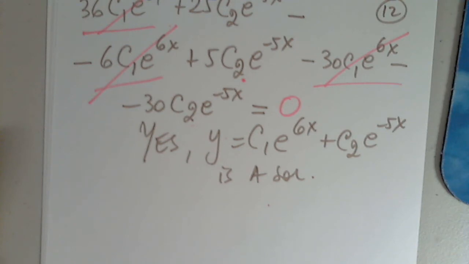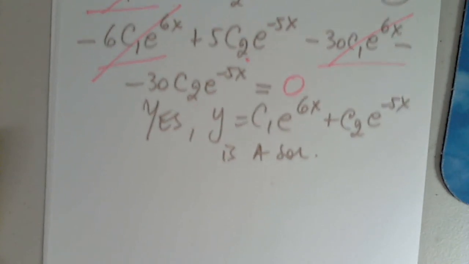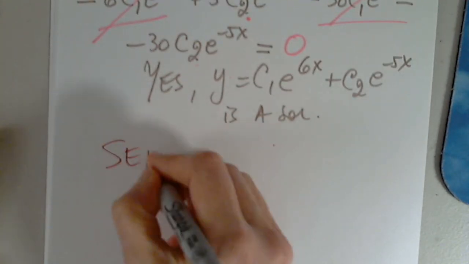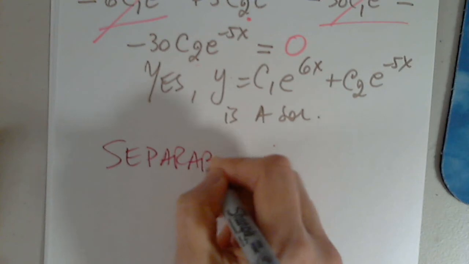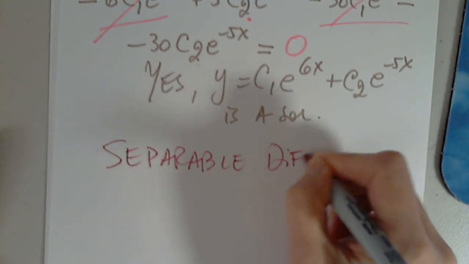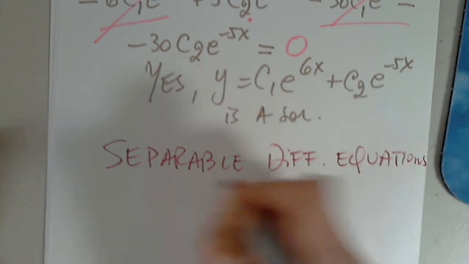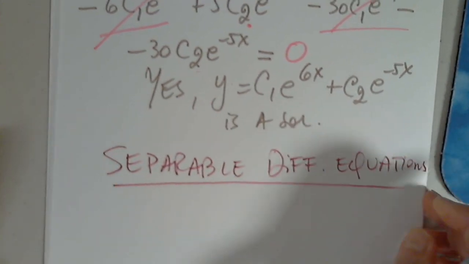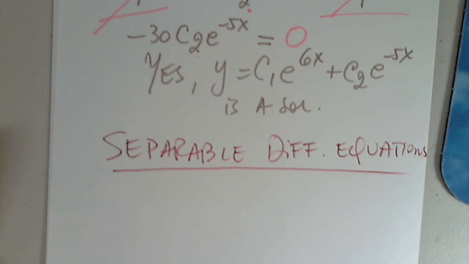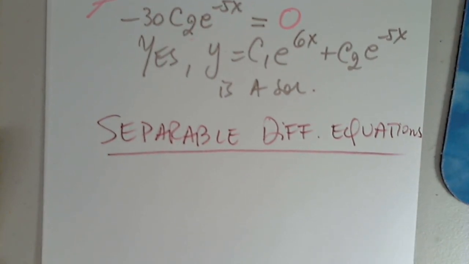Now, we do have something called separable differential equations. And this is the only type that we really look at, other than the simple ones. This is the only other type of differential equations, in this class anyway. What does that mean?